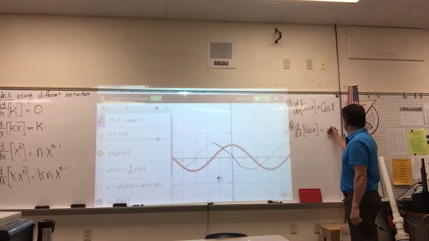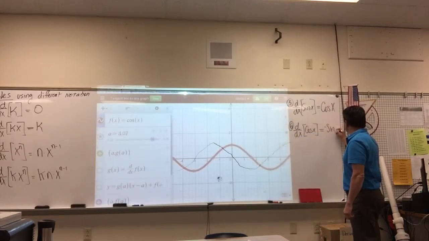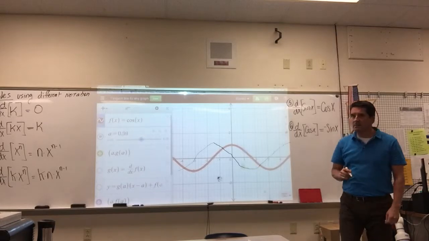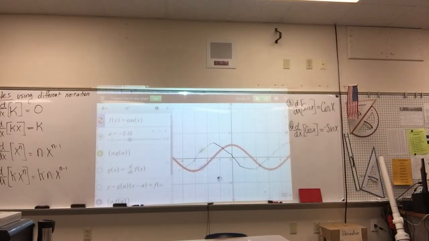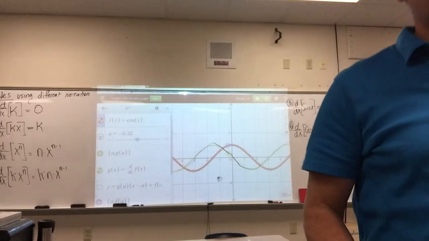And so it's actually the negative sine of x. If I plot the derivative, there it is. And oh, we're right on the money there. No problems there. Okay. So we add those two to our bank of derivative rules that we're going to come across and use later on.